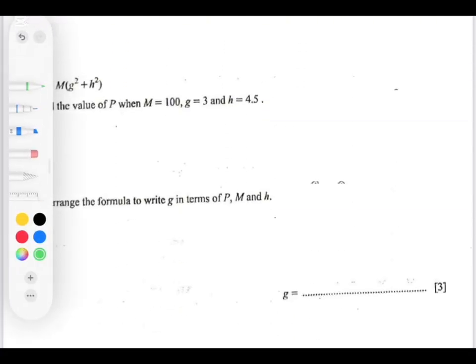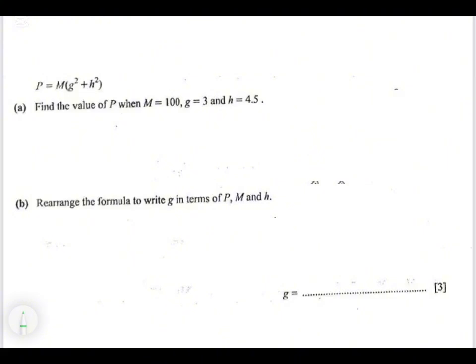Okay, in this question, find the value of p when m is equal to 100. So we have to find the value of p. m is 100, g is 3, this is g squared, so 3 squared, and h is 4.5 squared. Now 4.5 squared will give us 20.25. I know you know how to multiply. 3 squared is 9.